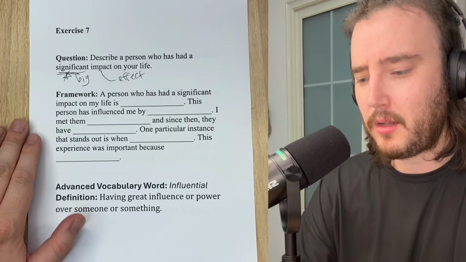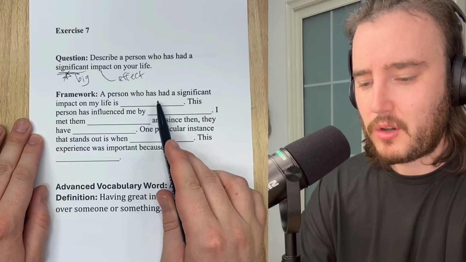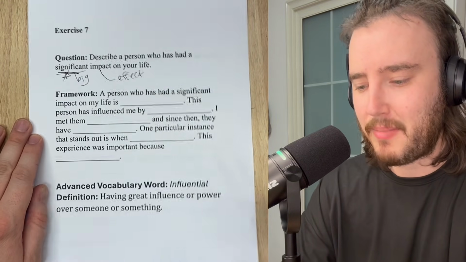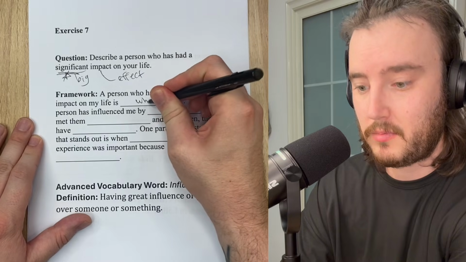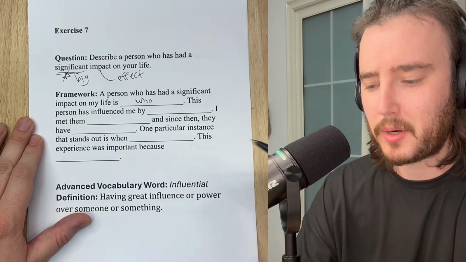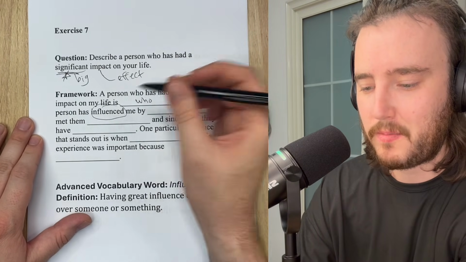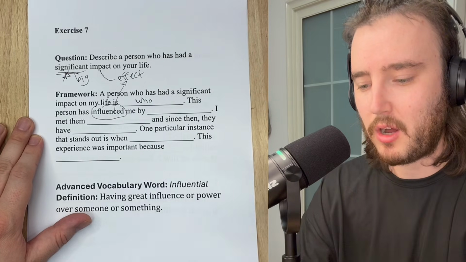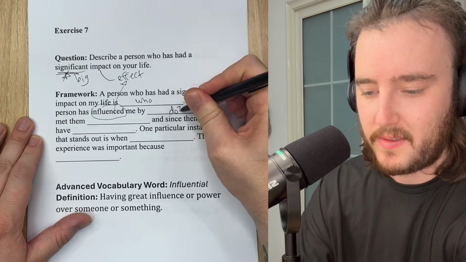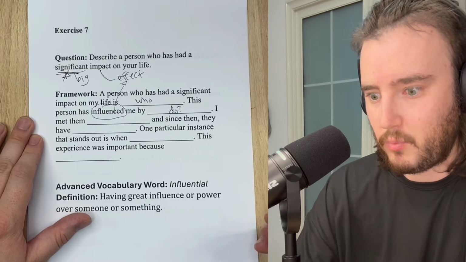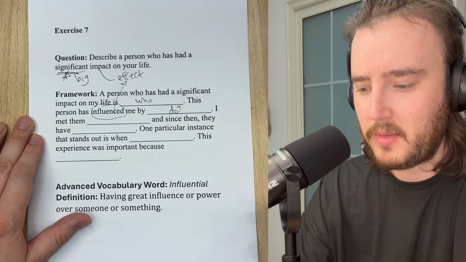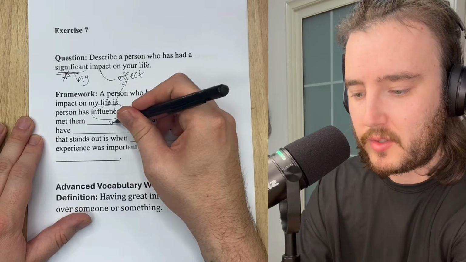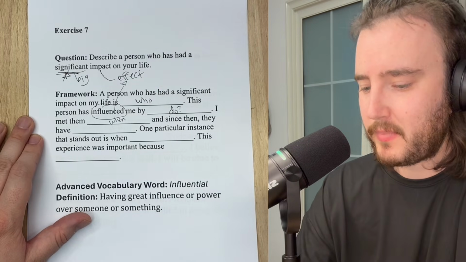So, taking a look at the framework, a person who has had a significant impact on my life is, tell me who. This person has influenced me or had an effect on me by, what did they do? What did they do to impact you? I met them, you could say when you met them, okay?